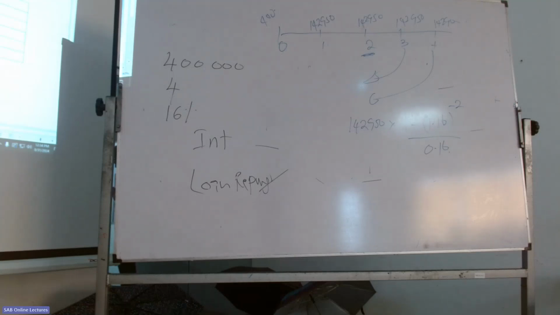I am getting 229,468 here. By looking at the table also you can identify the outstanding balance. The same thing you can get from the formula also.